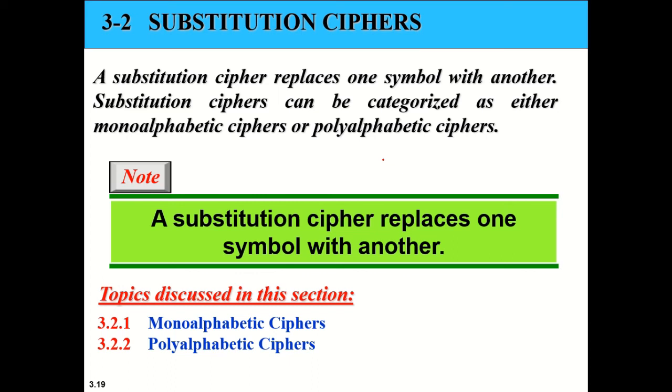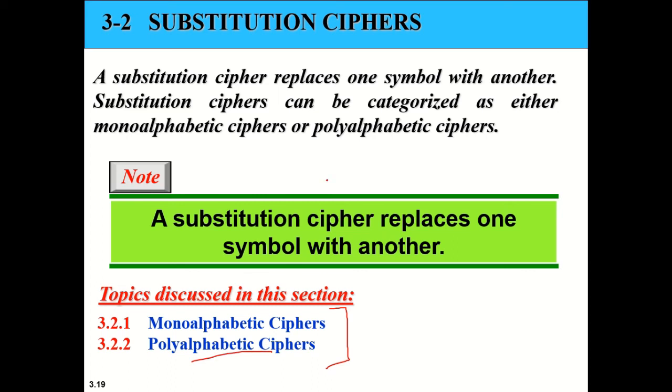Right now we'll be discussing this substitution cipher. In substitution cipher we have two kinds of ciphers, which are mono-alphabetic and poly-alphabetic.